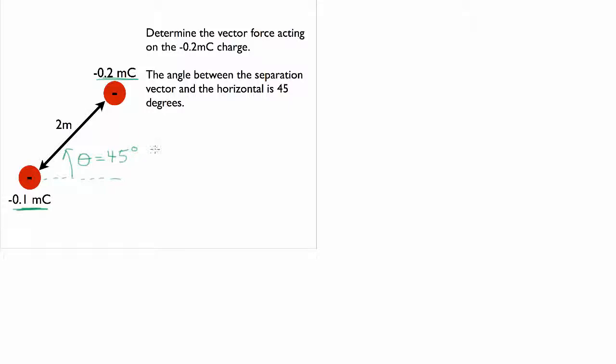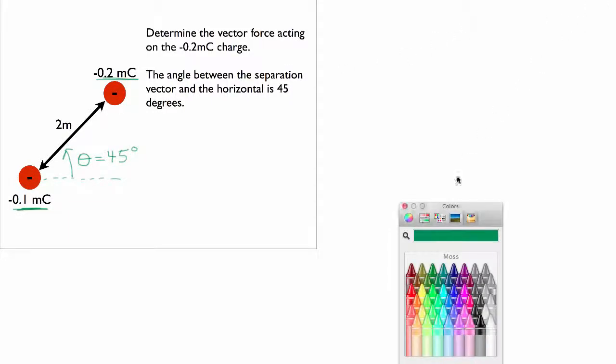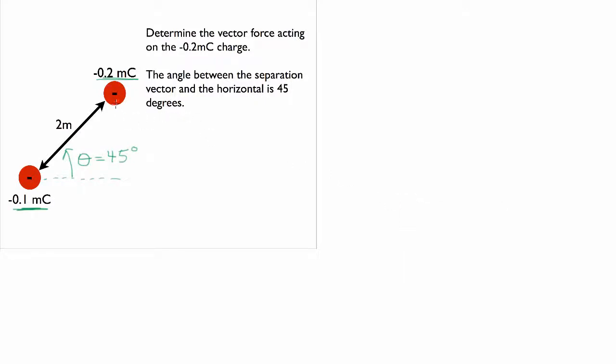One piece of information that tells us is that if we were to draw a triangle, this side and that side are exactly 2 times the sine of 45 degrees, or 2 divided by root 2, and 2 divided by root 2.